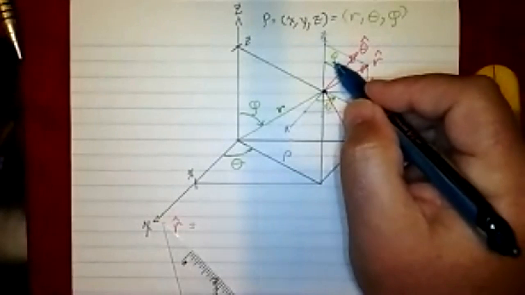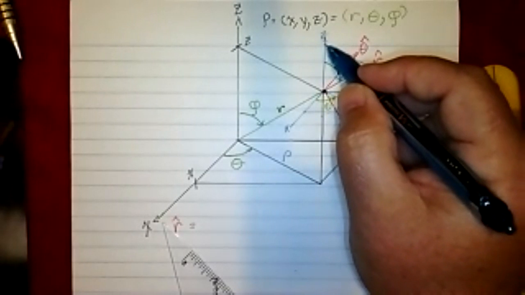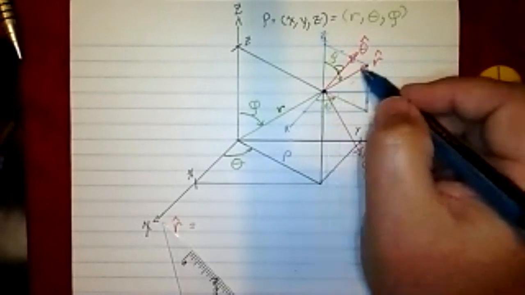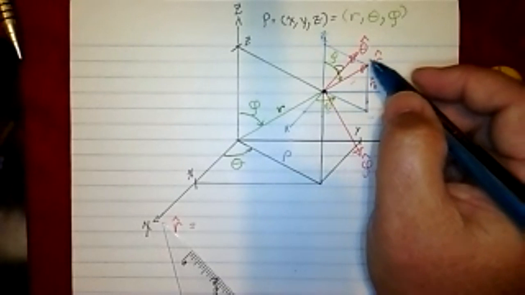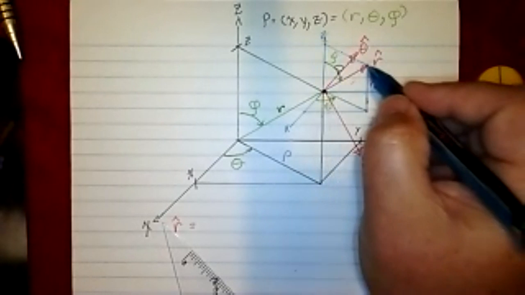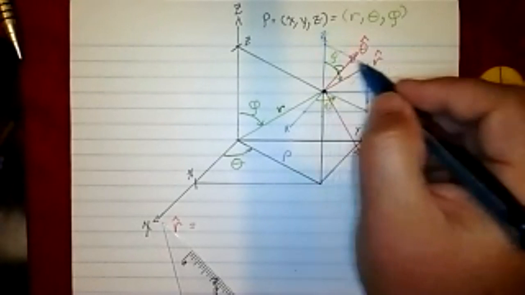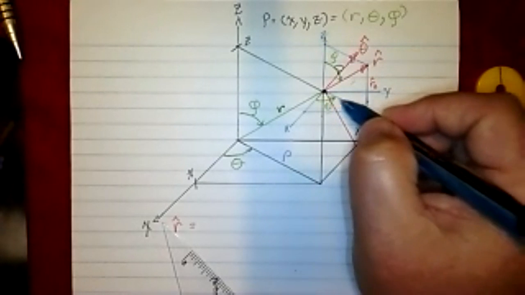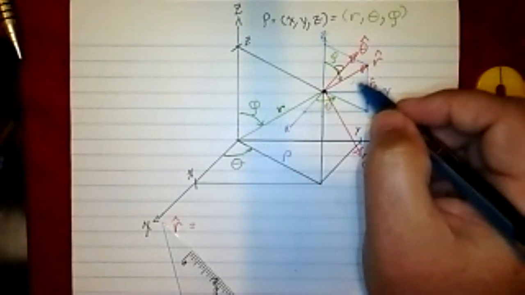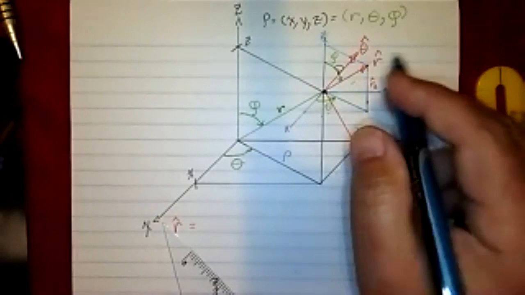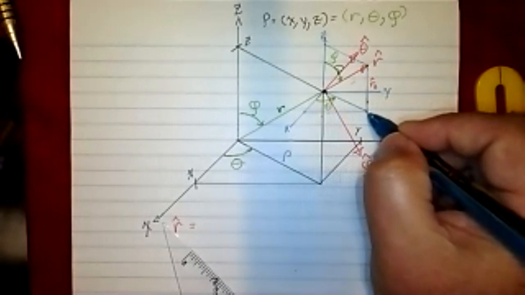You see this triangle right here. This is one leg, then this is perpendicular to it, that's another leg, and this is the hypotenuse. The hypotenuse is the vector r hat. If you take the sine of that, you get opposite, which is this one, over hypotenuse, which is 1. And this is the projection. It's the same as the rho that we did for the point, but it's the rho of the r hat vector. So I first have to find the component of r in the xy plane, which is this one.